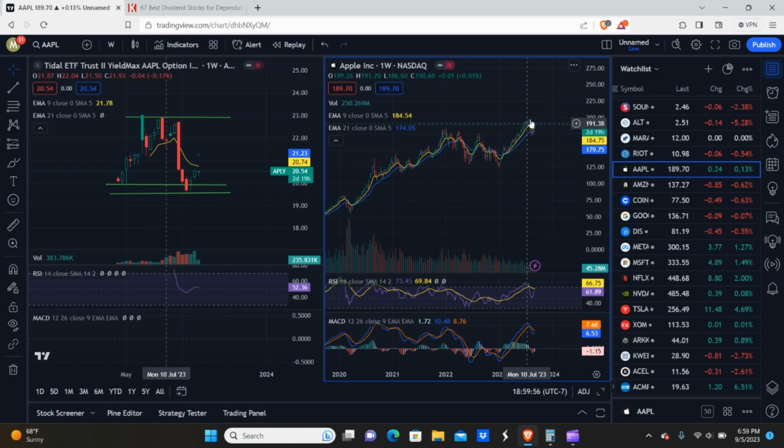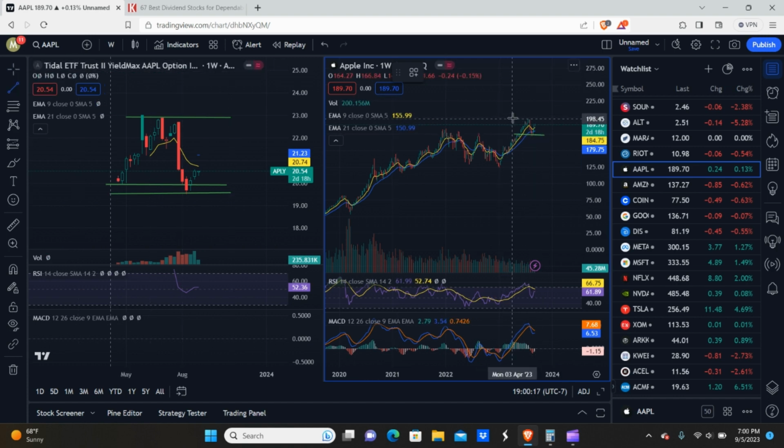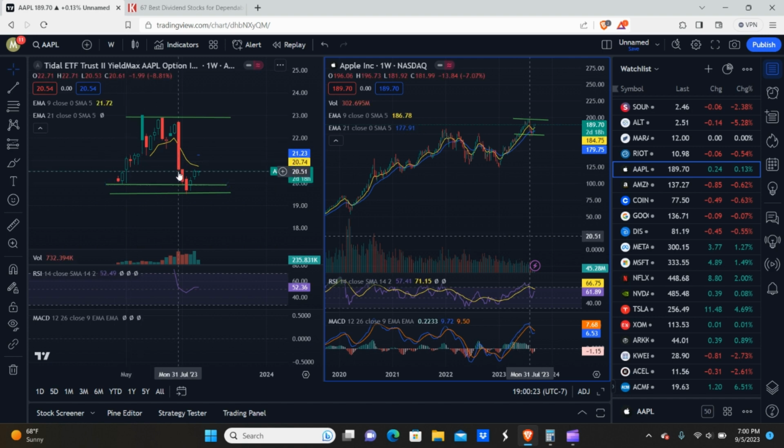Apple did move up a little bit, but it's also retraced. Apple retested roughly the same level that it was at in April. So if we draw a line across here, from April to pretty much where the price is now, you can see that Apple more or less is kind of chopping sideways, very similar to how APLY is.